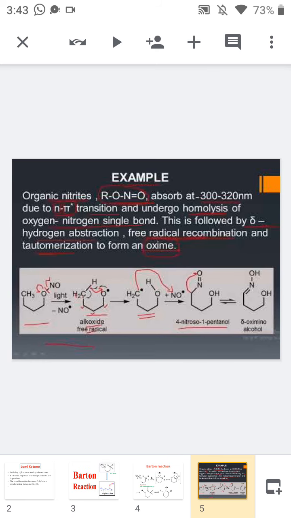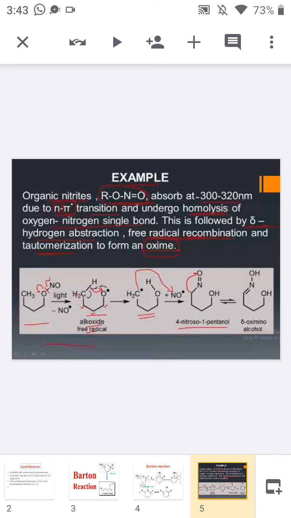Now another example in which our organic starting material is a nitrite, that means R-O-N=O, and it absorbs radiation at 300 to 320 nanometers due to the n to pi star transition, and it undergoes homolysis of the oxygen-nitrogen single bond.